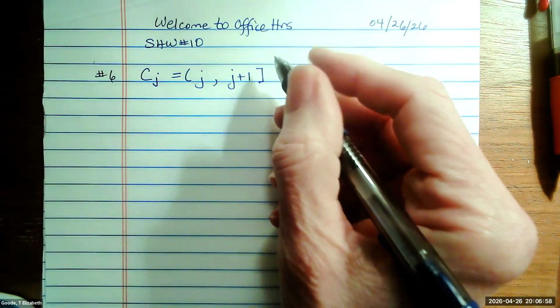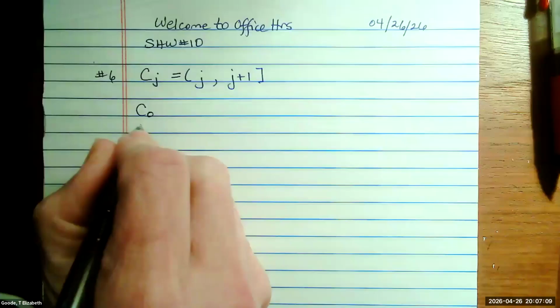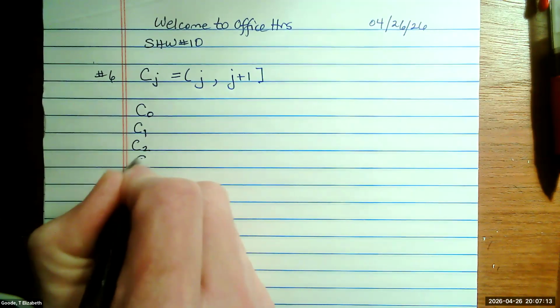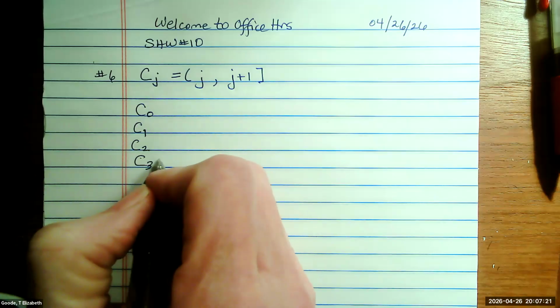And I should have told you, well, of course, we know the j's are always integers, right? Yes. So we're going to look at C0, C1, C2, and C3 because we're asked to find the union and the intersection of those, okay? So let's find C0.